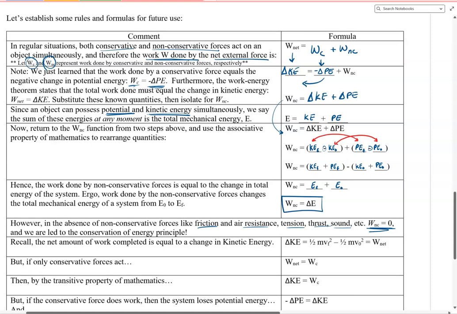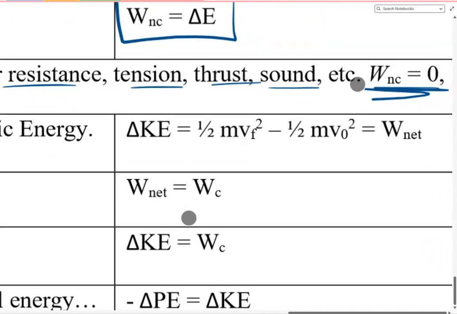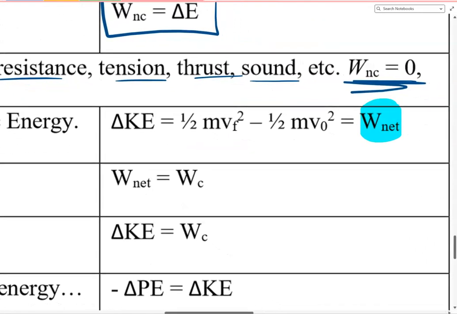And so a little bit earlier, we were reminded that the net work done on an object is the change in that object's kinetic energy. We've already utilized that once, and we've seen that explained before. So if we remember that, we know that the net work done by or on an object is equal to its change in kinetic energy. We know that those two quantities are equivalent.